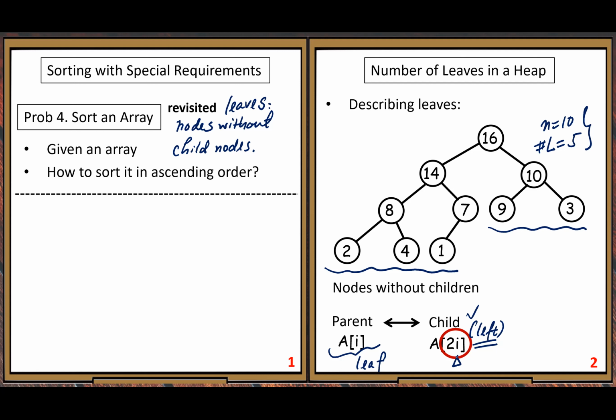If 2i is within the range, then its parent cannot be a leaf. Think about this statement. If the index of the left child is within the range, we mean between 1 and n, in that range.